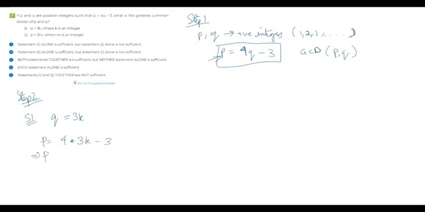And then we can write P is equal to, if we take 3 common, 3 times 4K minus 1. Okay, so now we know Q is equal to 3K and P is equal to 3 times 4K minus 1. So if you want to find out the GCD, one thing is for sure, that since they both have 3 in common, the GCD will at least be 3, right?